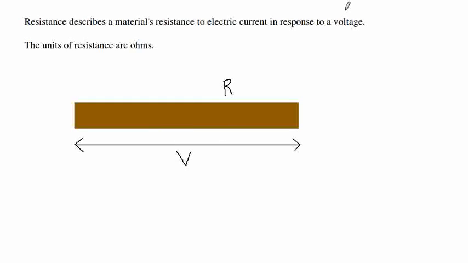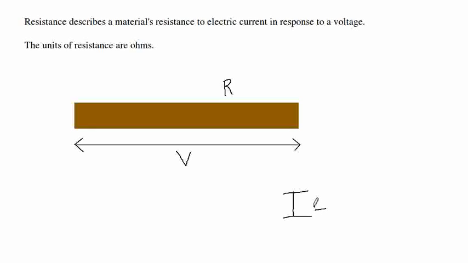All right. Now, how is that related to the current that I will get in the wire? By the way, current is traditionally denoted by the variable I, not the variable C, which you might guess for current. So you'll see me use I often for current. The more voltage that you have, the more current you're going to have. So it's proportional to the current.